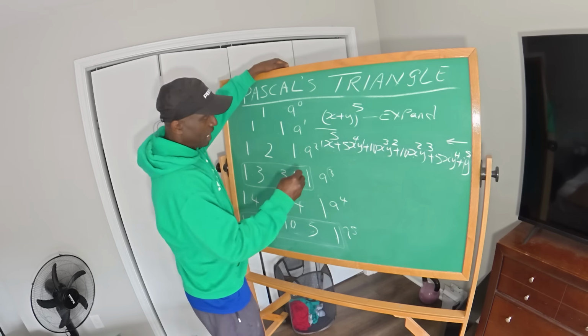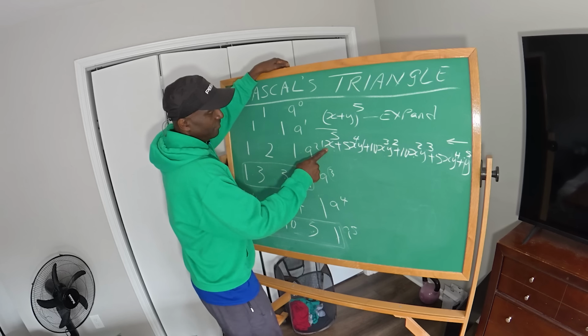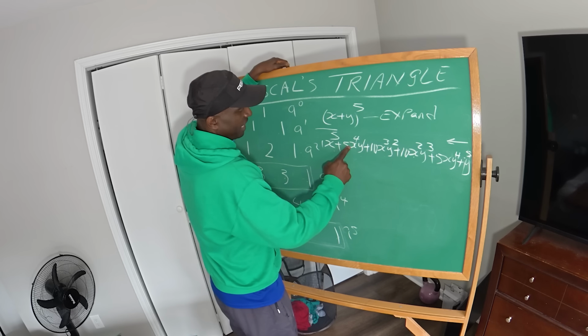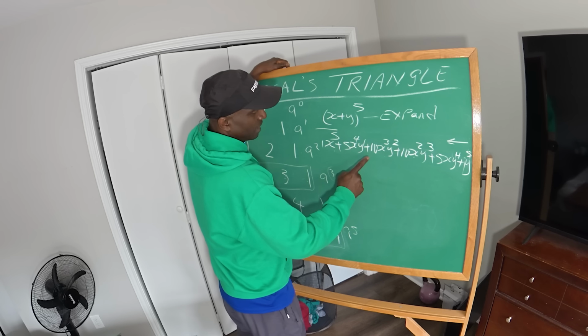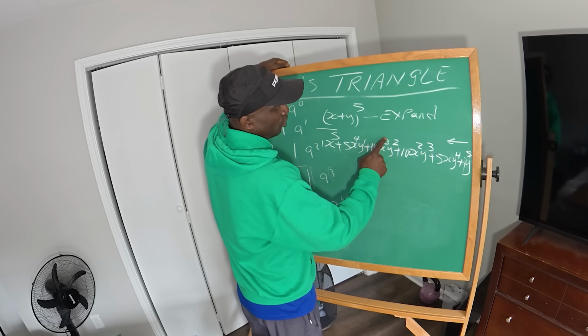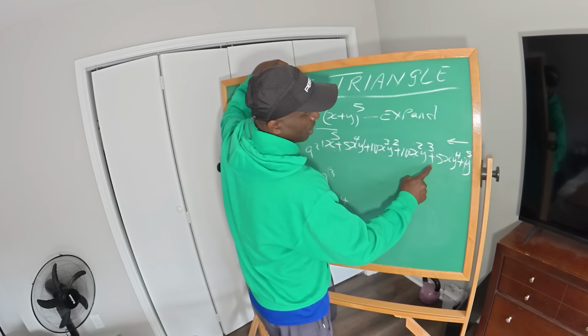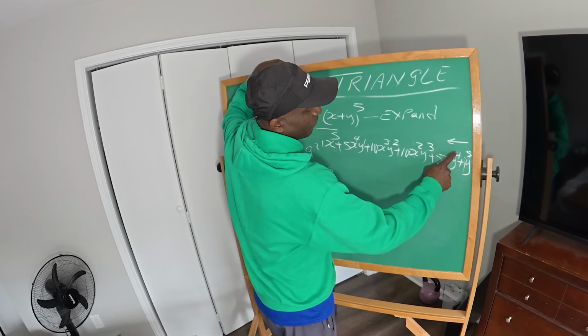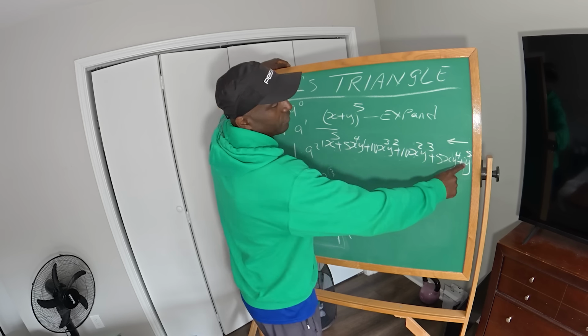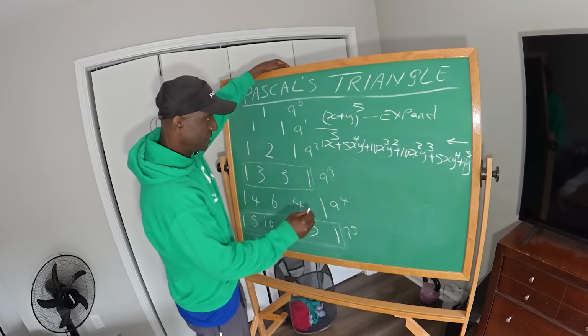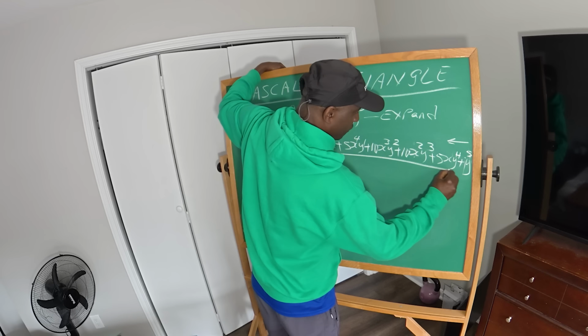So we see that we have x to the 5, 5x to the 4 y, plus 10x cubed y squared, plus 10x squared y cubed, plus 5x y to the 4, plus y to the 5. That's how you'd expand to the 5th power.